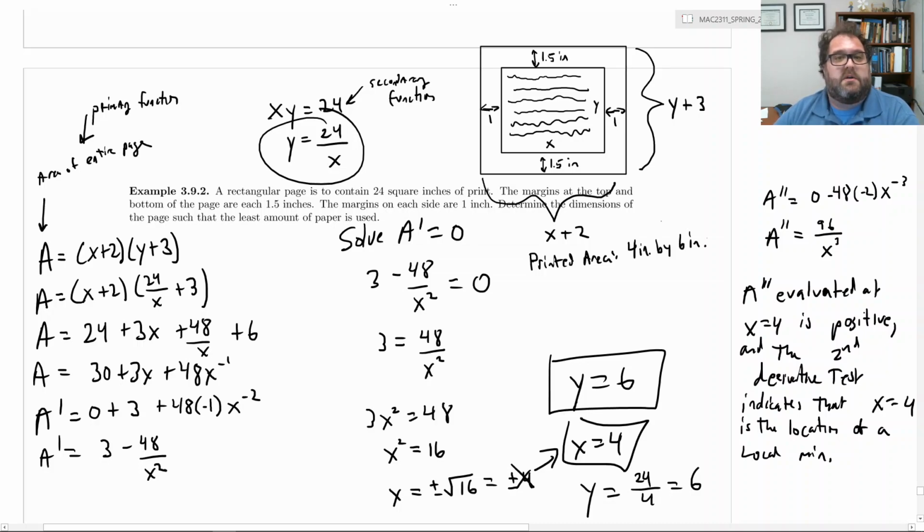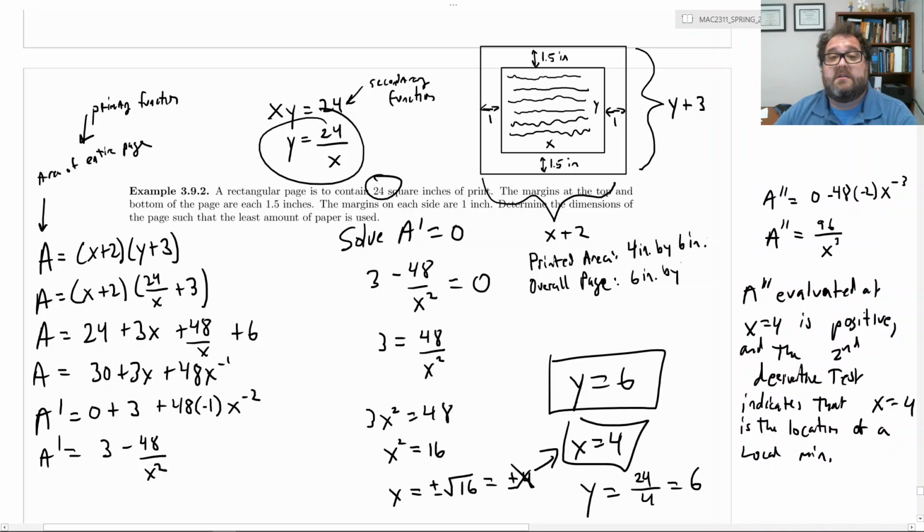That makes sense because the printed area is 24 square inches of print. What about the overall page, though? I think that's what we were actually after. The overall page, well, the width is what? x plus 2, so it'll be 6 inches.